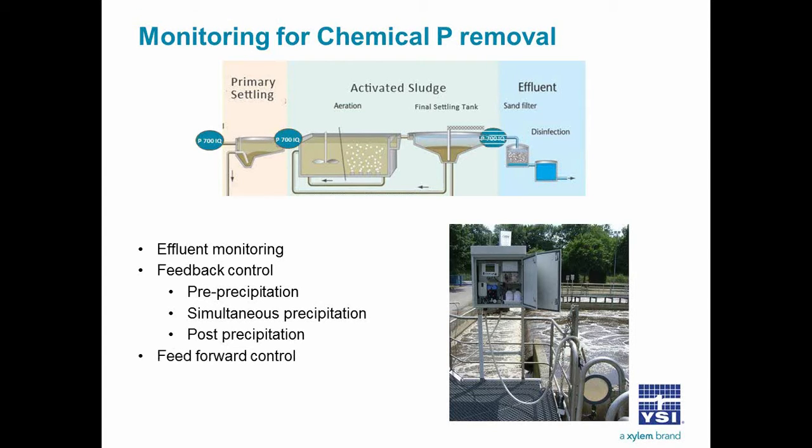Another way is to measure the phosphate coming into the treatment plant through the primary influent or primary effluent, and then dose the chemical needed to match the demand from the influent phosphorus.